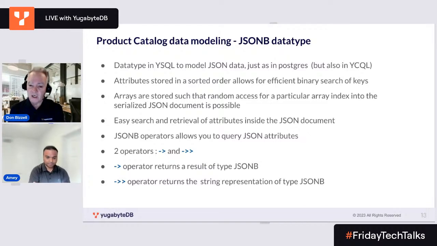Or an orange, which as produce might have a shelf life date and some other things you want to keep track of. So these attributes can be very flexible within a rigid structure for keeping your applications going.